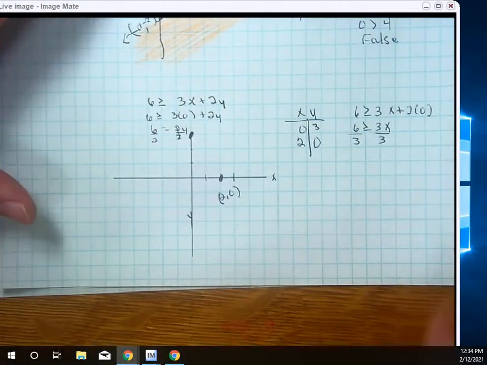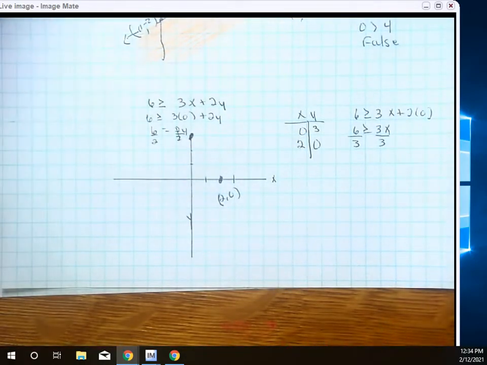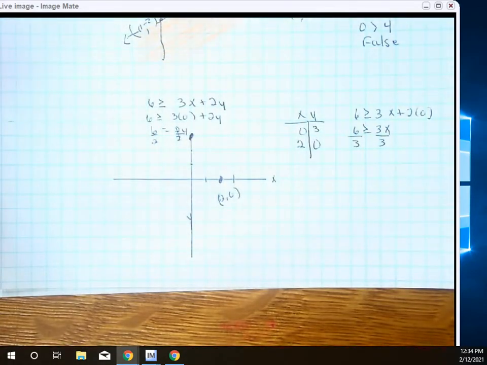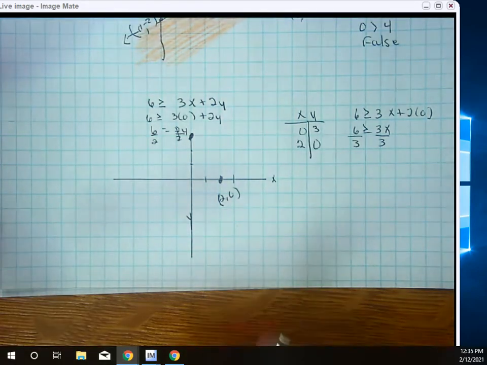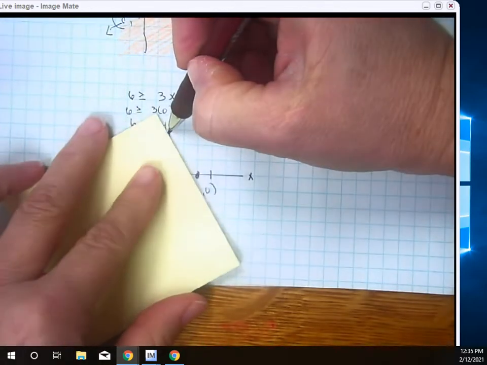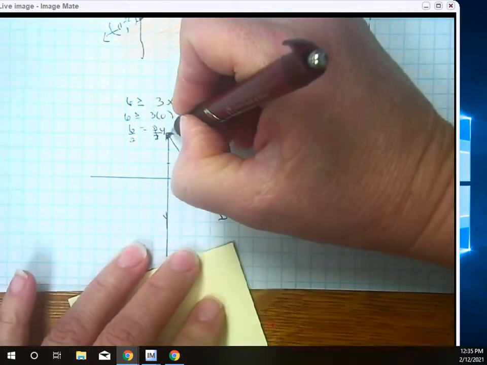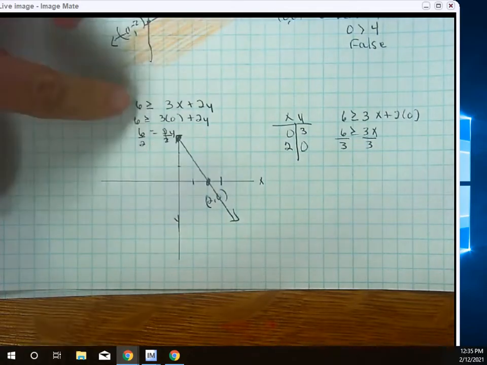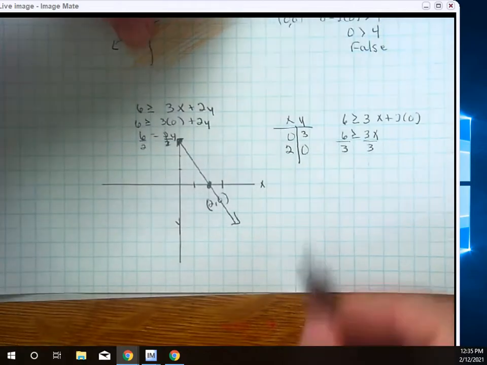Now, on this one, guys, I want to show you something. I've heard a lot of my students say, oh, if it's greater than, you just shade above. If it's less than, you just shade below the line. And that is not necessarily true. I have a line underneath it this time, so it's going to be a solid line. That means it's or equal to, so it could be on the line to be a solution. This would typically mean that I would shade above, but that's not always the case.